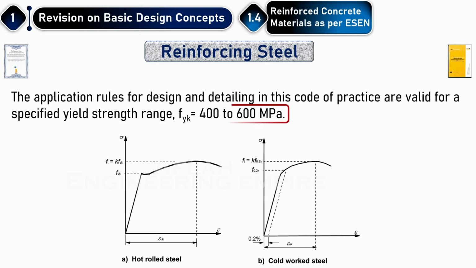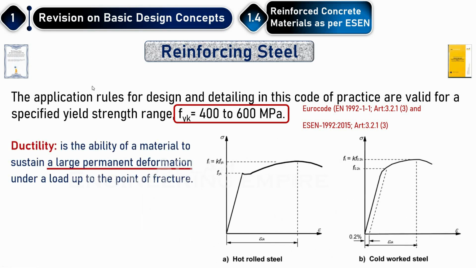Now the yield strength that is considered in the Ethiopian as well as the Eurocode is for steel that has a specified strength of between 400 to 600 megapascal only, not less, not more than this. So your reinforcement fyk must lie between these two limits.